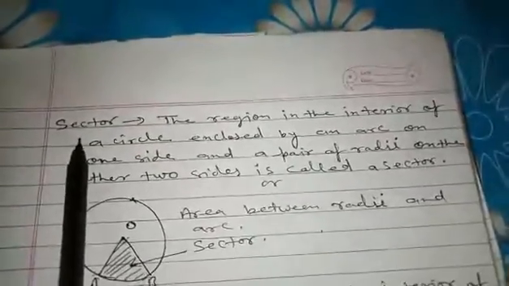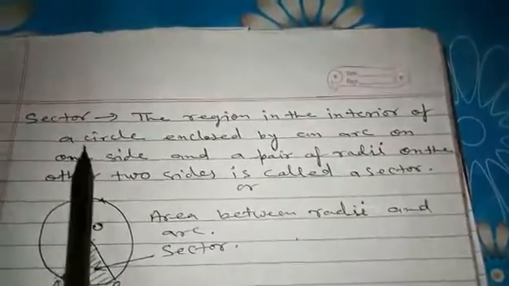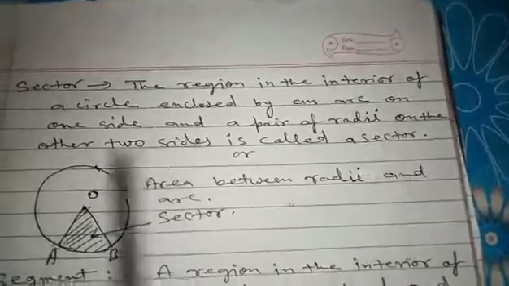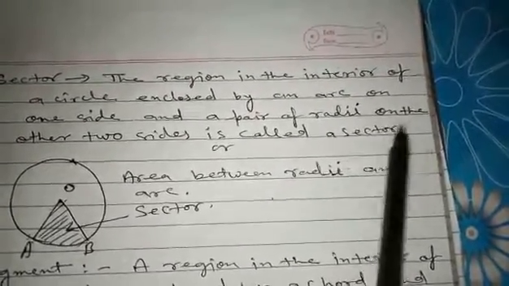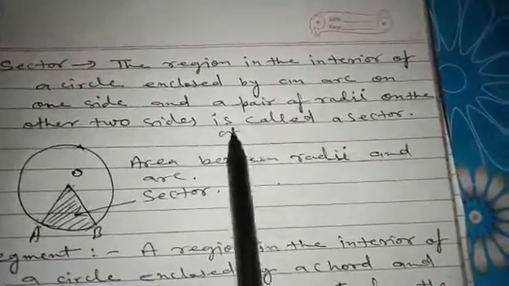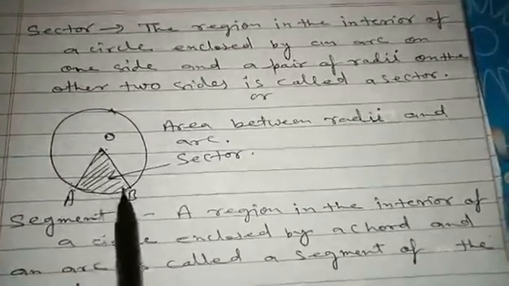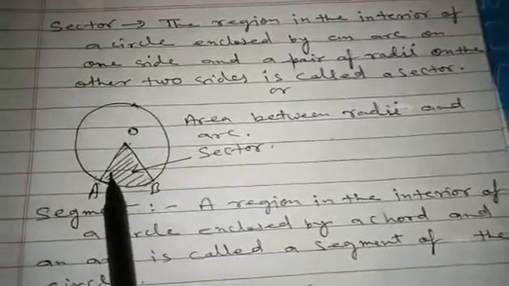Next topic is sector. What is a sector? The region in the interior of a circle enclosed by an arc on one side and a pair of radii on the other 2 sides is called a sector. You can see in this figure, this is the sector, also called a radius sector.